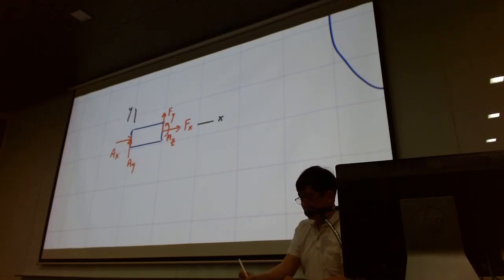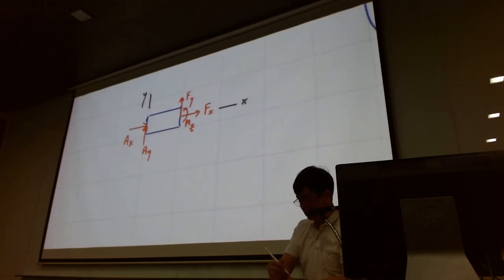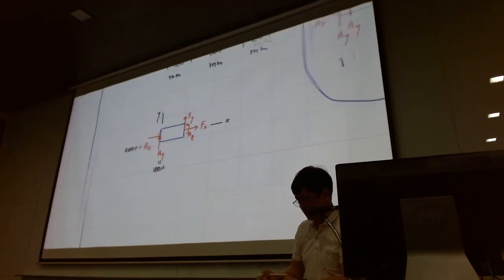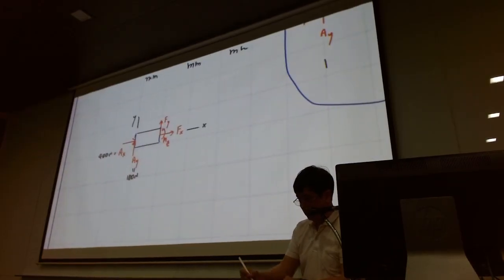So in this case, we already know that AX was 400 and AY is equal to 100 from the previous calculation.